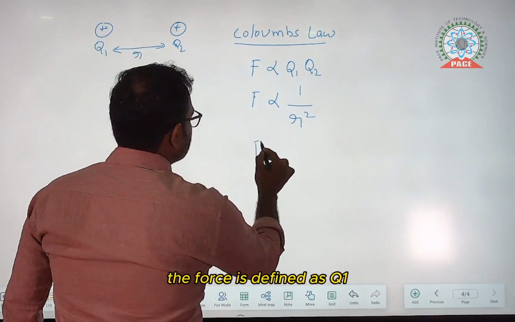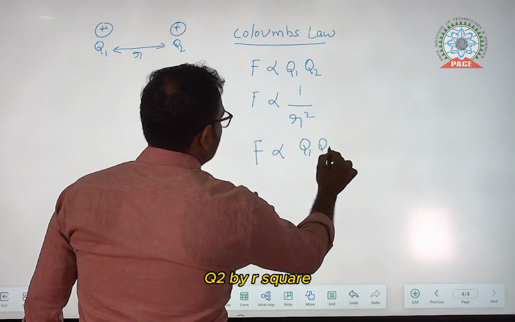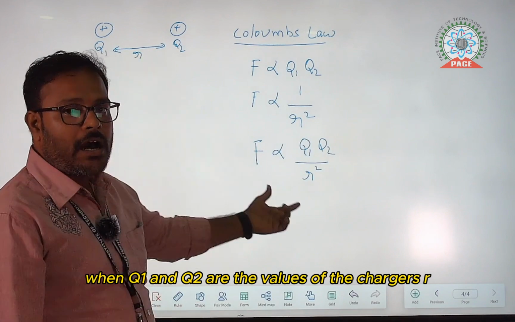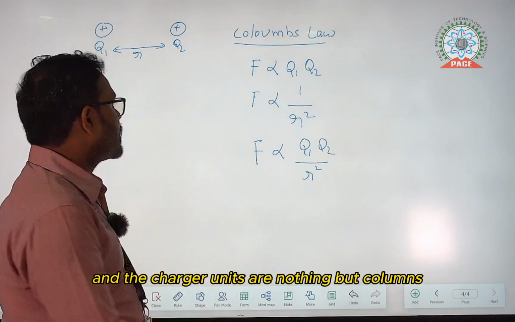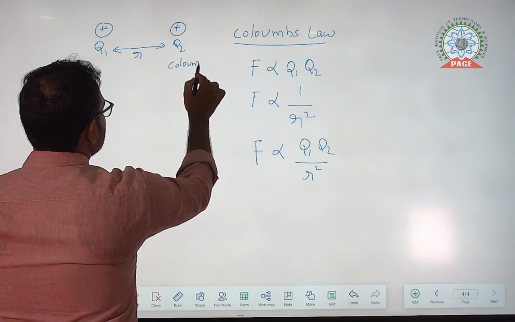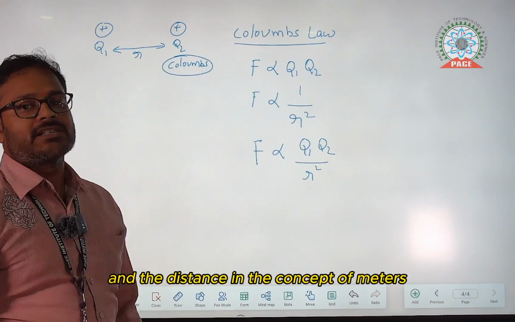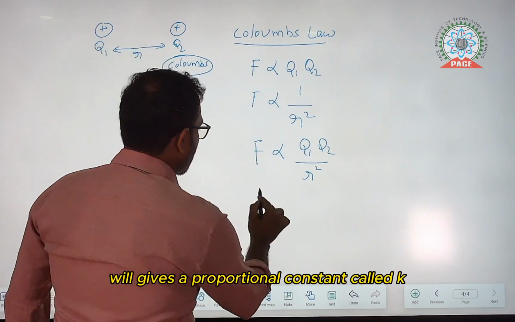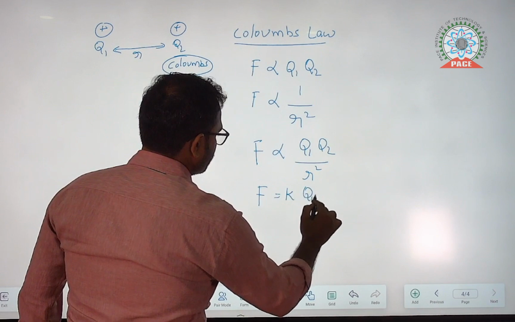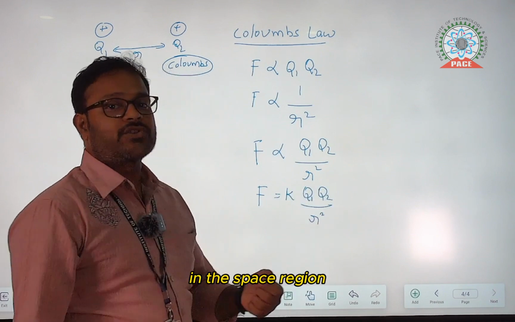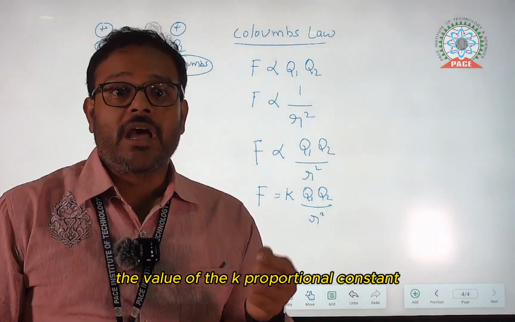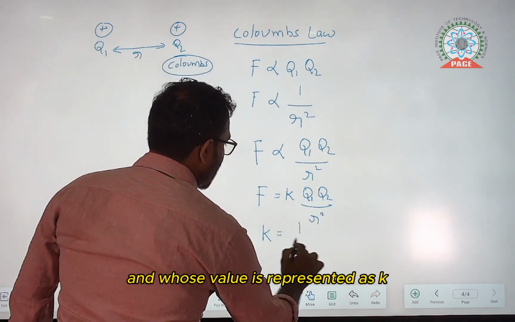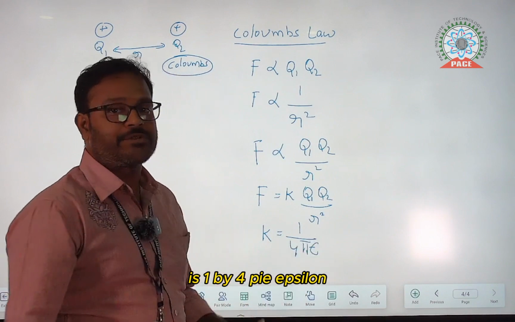Finally, the force is defined as Q1 Q2 by r square, where Q1 and Q2 are the values of the charges, r is the distance, and the charge units are coulombs and the distance is in meters. This proportionality gives a proportional constant called K. In the space region, the value of the K proportional constant represents the absolute permittivity, and its value is K is 1 by 4 pi epsilon.